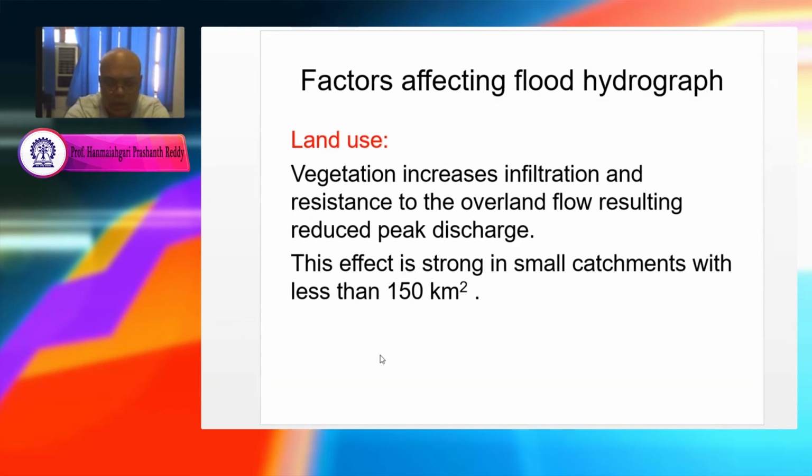So if the vegetation is high, the watershed gives reduced peak discharge, and a watershed without vegetation gives higher peak discharge. But this vegetation effect is small. The vegetation effect is strong in small catchments.